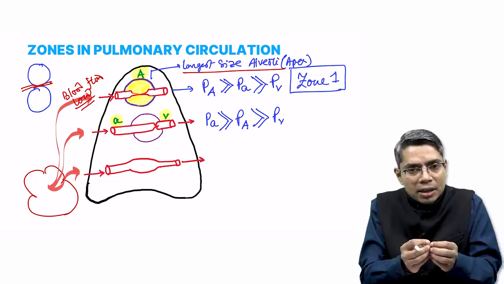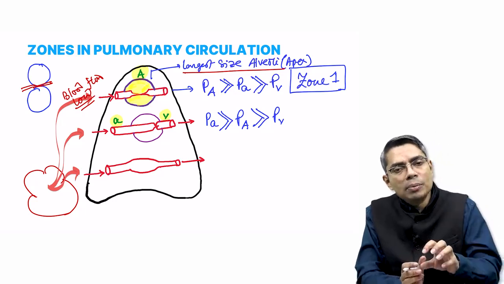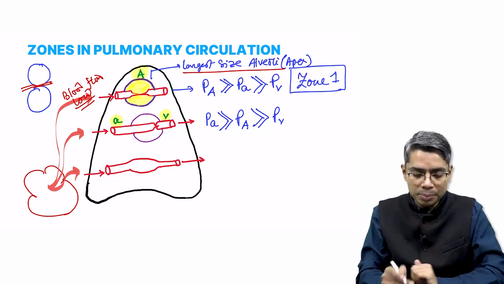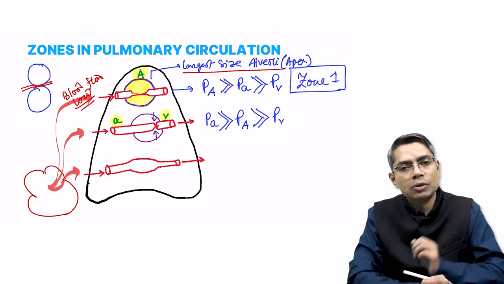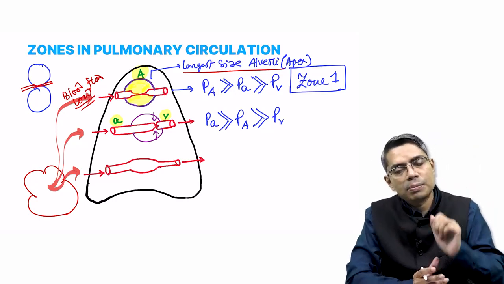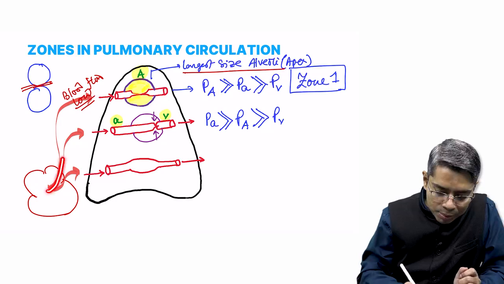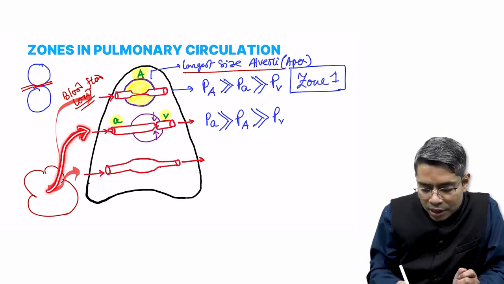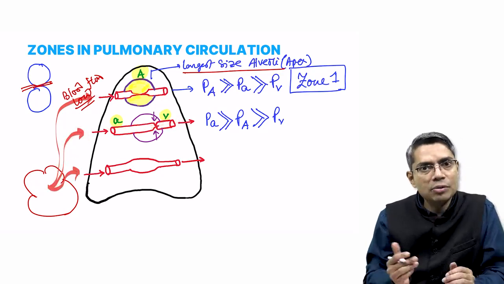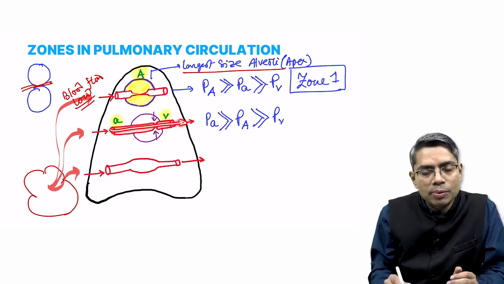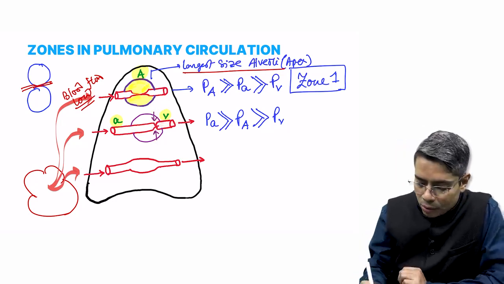So, the pulmonary artery can easily overcome the alveolar pressure, but the alveolar pressure is greater than the pulmonary venous pressure, meaning there will be compression of the pulmonary capillary towards the venous side because venous pressure is lesser. So, in this condition, whenever the heart pumps blood during systole, blood flow is going to happen, but whenever the heart is not pumping blood, that is during diastole, the blood is not going to flow because this compression will be there. So, that is why this is known as zone 2.